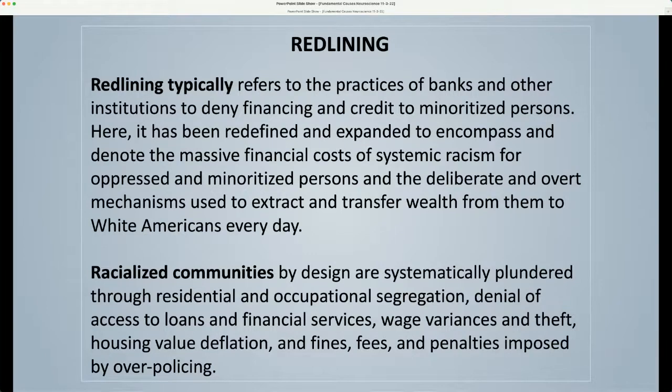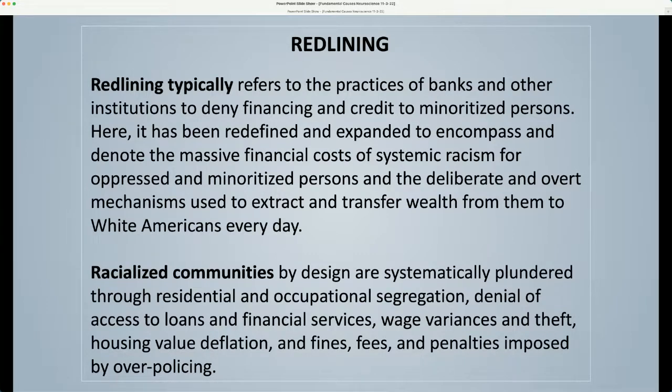Racialized communities by design are systematically plundered through residential and occupational segregation, denial of access to loans and financial services, wage variances and theft, housing value deflation, and fines, fees, and penalties imposed by over-policing.